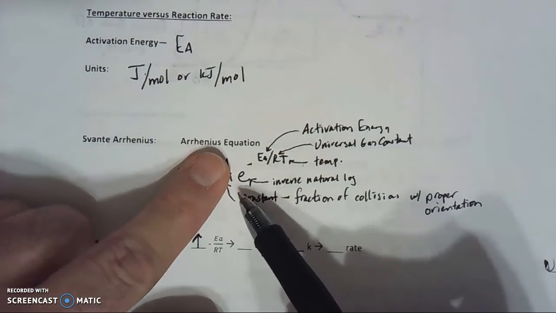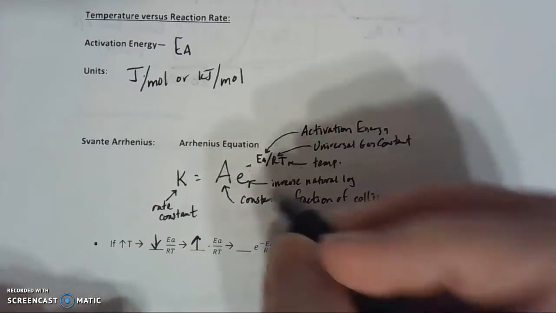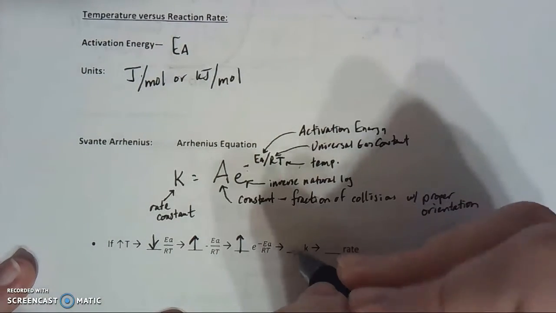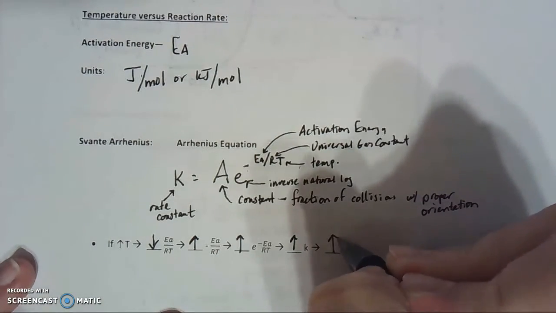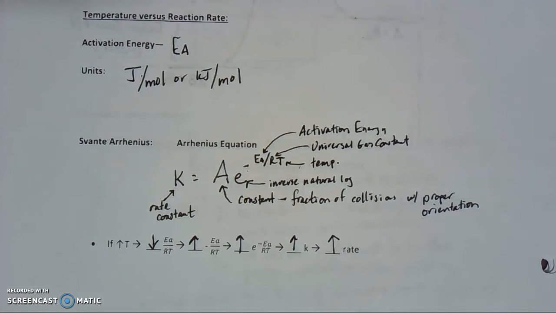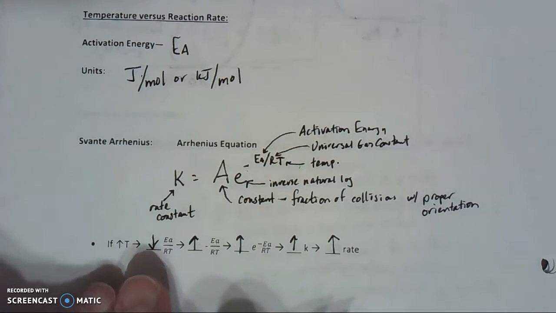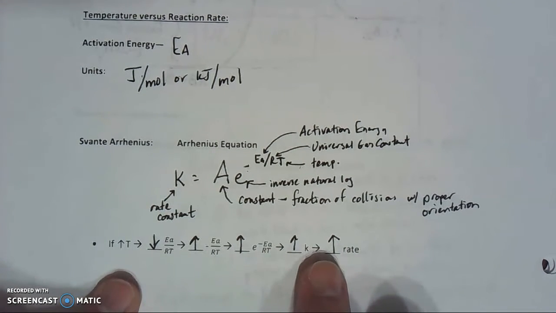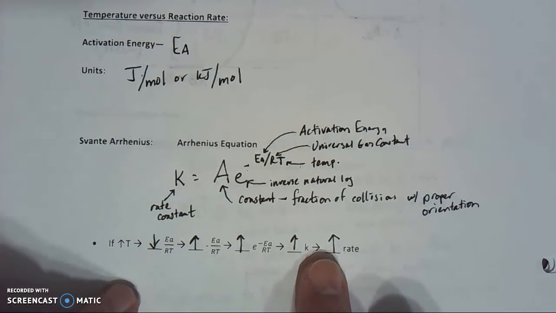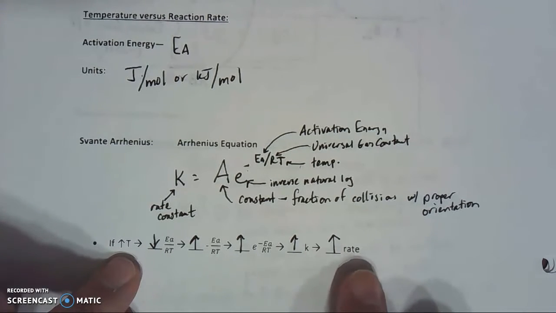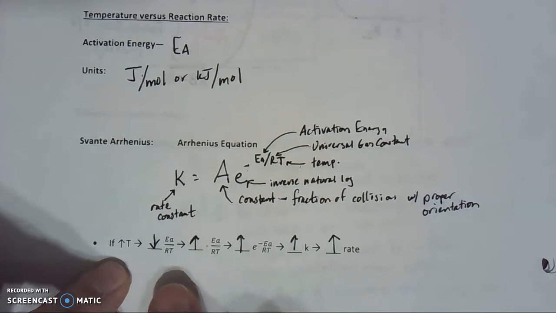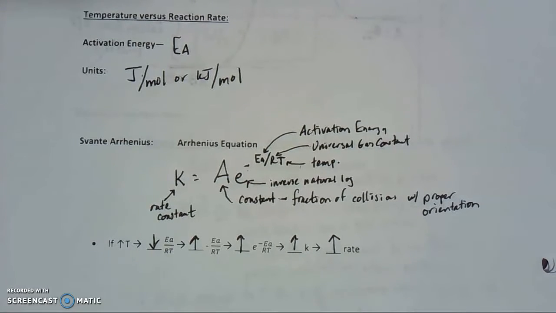That would increase the e to the negative E sub A over RT, which would increase K, which increases rate. So the opposite, if we decrease temperature, these would all change. So all this is showing is an increase in temperature increases the rate, a decrease in temperature decreases the rate, and we can mathematically prove it.